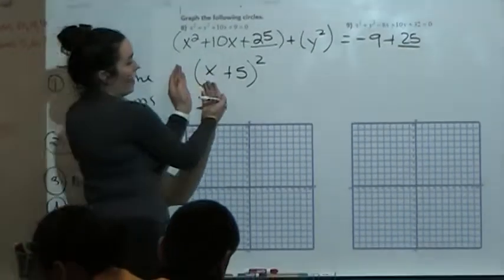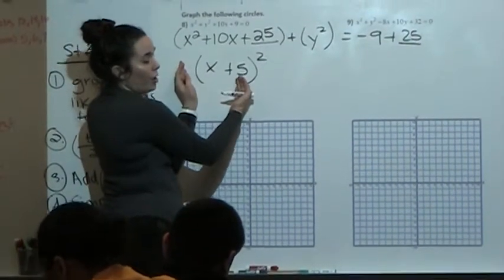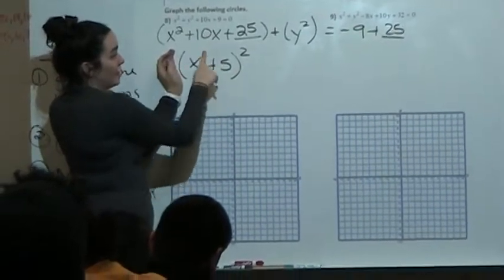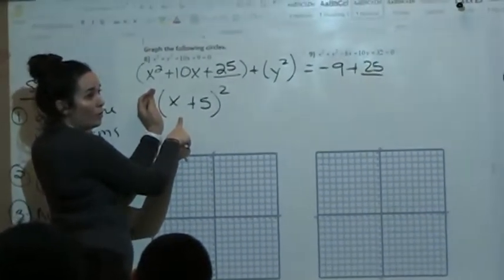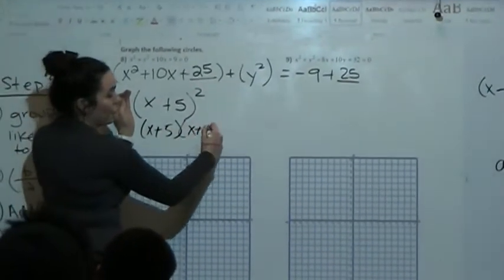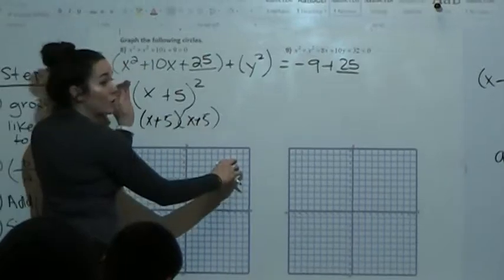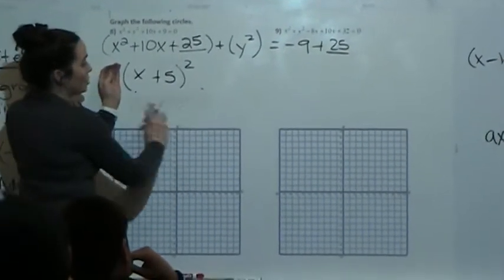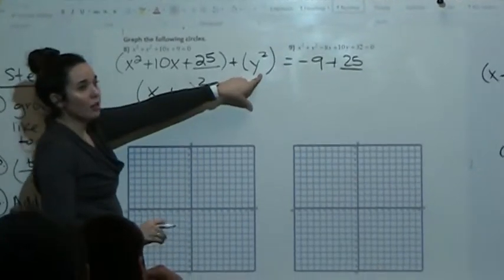Do you see how I have x plus 5? And I took that and I squared it, right? This is the same thing. This is saying x plus 5 times x plus 5. And then I multiply it out, right? So my question to you, can I factor this at all?